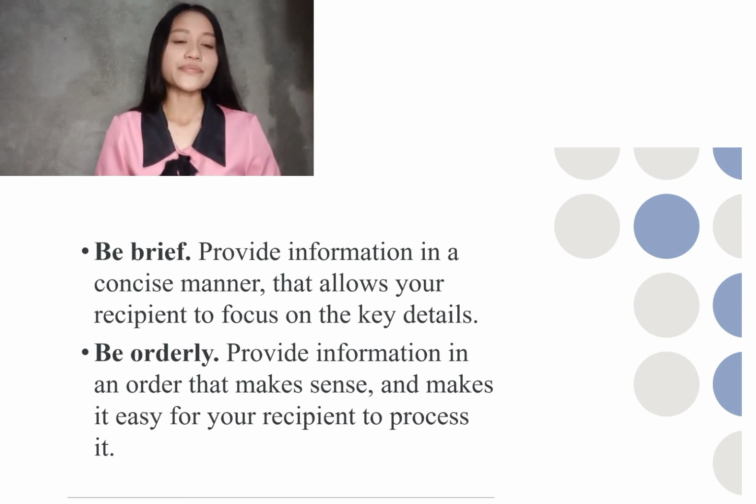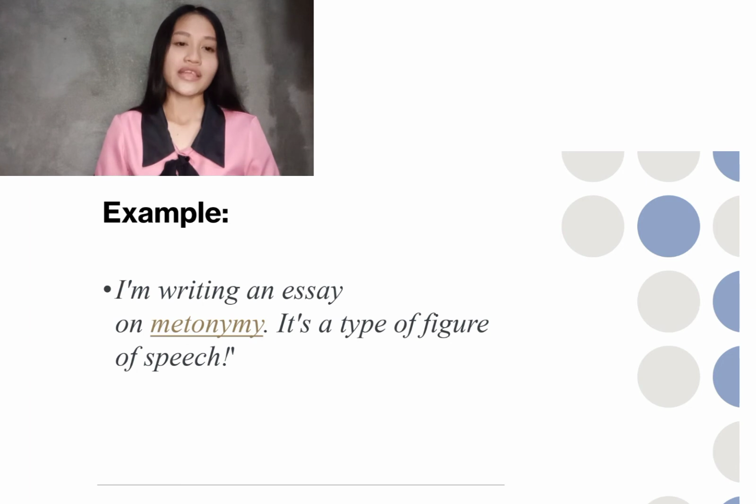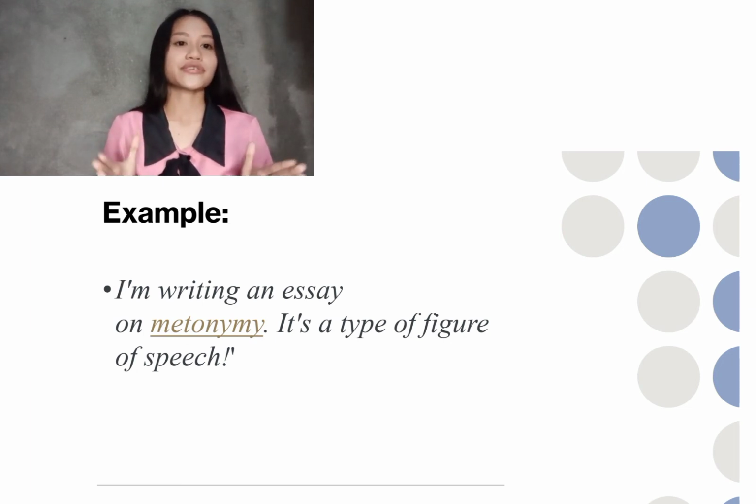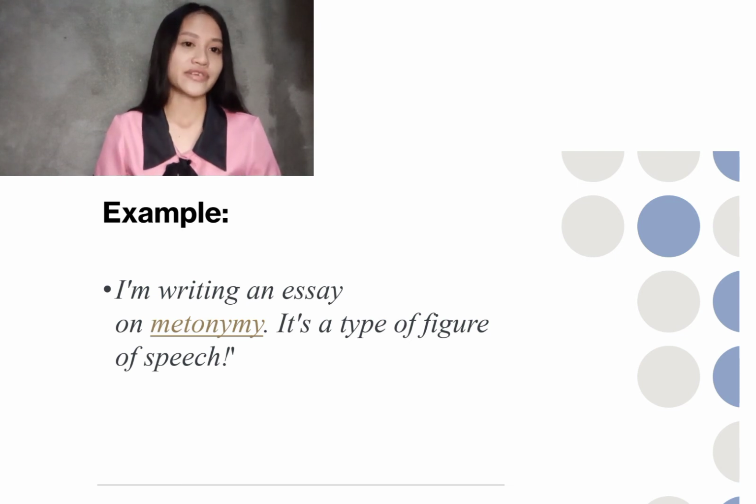And then be orderly. Provide information in an order that makes sense and makes it easy for your recipients to process it. So, for example: I'm writing an essay on metonymy. It's a type of figure of speech. Here the speaker knew that it was possible that the listener wouldn't know the term metonymy and decided to give a quick explanation. So that's it.